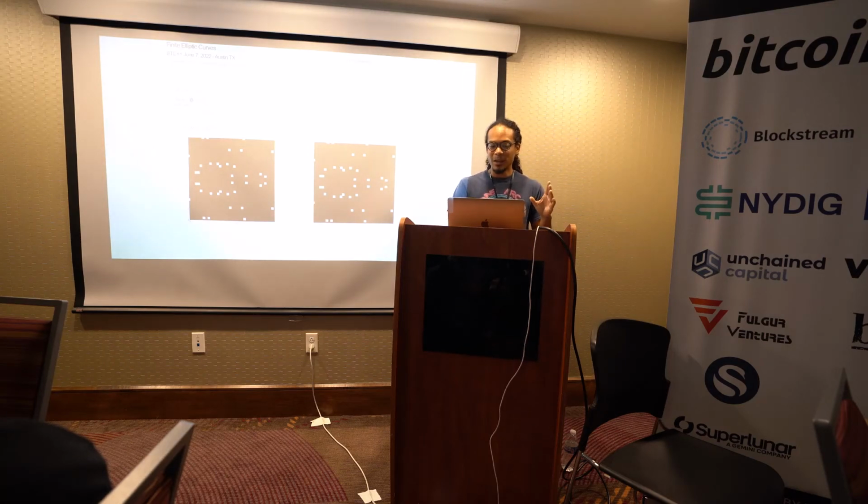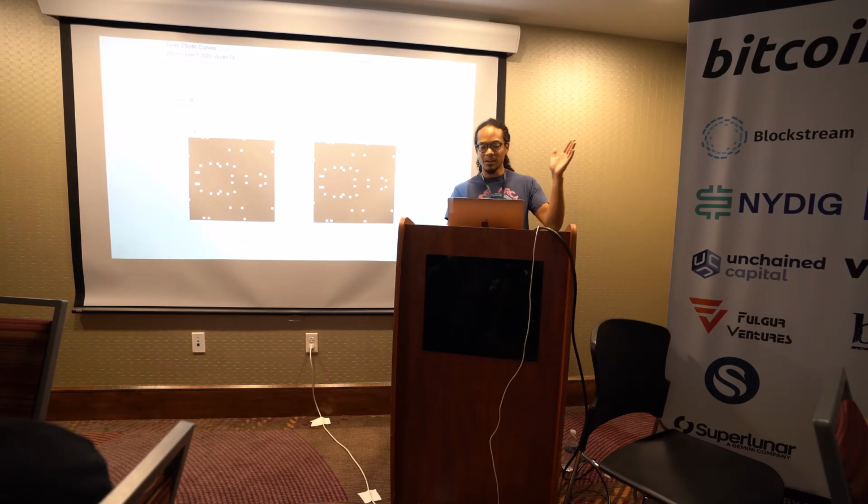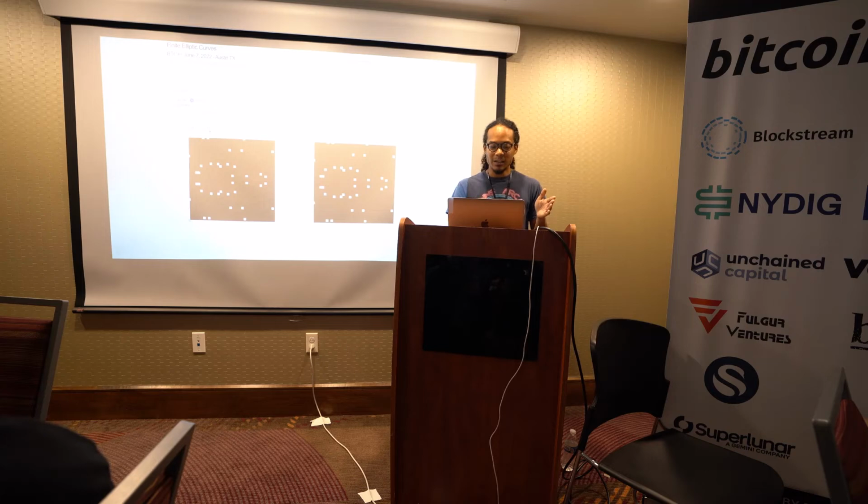First she notices that if she takes her private key and multiplies it by Bob's public key, that's represented by HB, she's going to get the same thing that Bob would get if he took his private key and multiplied it by her public key. Because if you plug in the definition of Bob's or Alice's public key in here, you'll get the same result whether you're looking at it from Bob's perspective or Alice's perspective.